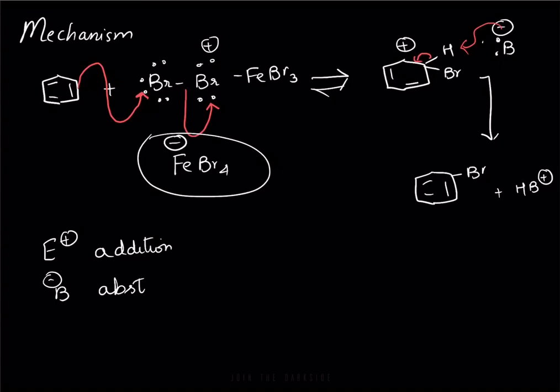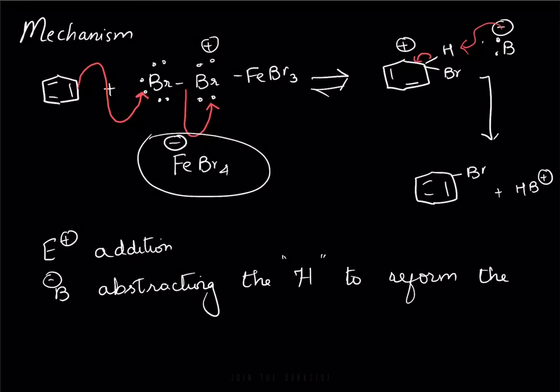So the base abstracts the hydrogen to reform the aromatic ring. Okay, so this is the standard reaction that we are going to follow for the rest of the reactions as well.